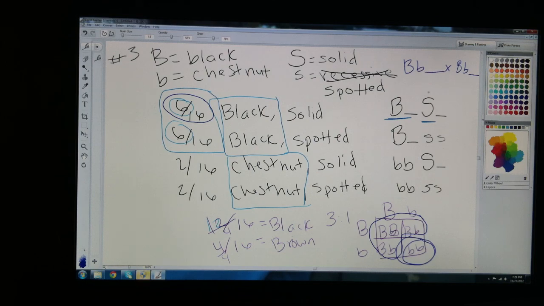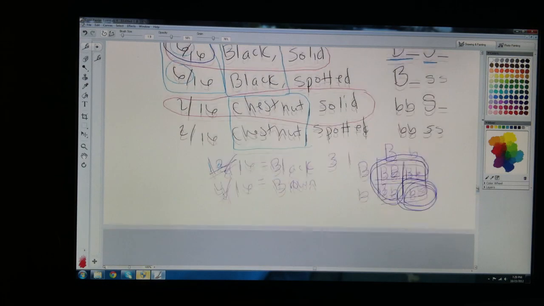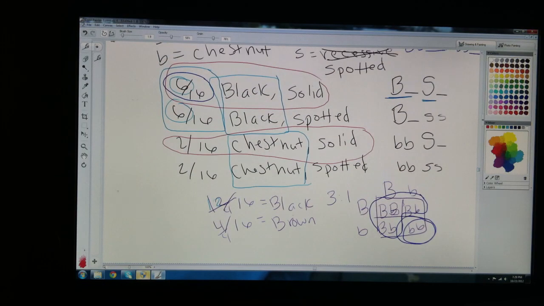Now if we look at solid and spotted, and focus on just those two, if you count up the solid phenotypes, here's solid, and here is solid, there's 8. So 8 out of 16 is half, is solid, and 8 out of 16 is spotted.